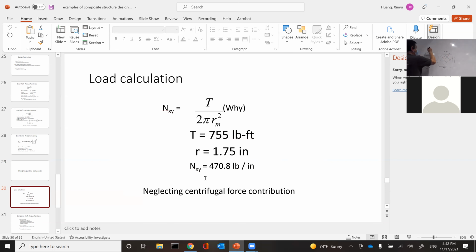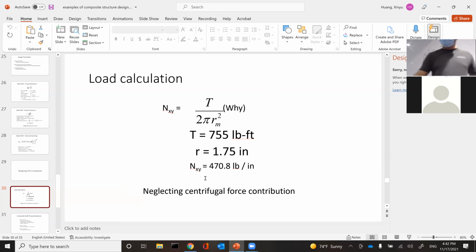This is related to the torque by this equation: NXY equals T over 2 pi Rm squared. Rm is the radius to the center of the wall thickness. Let's say this is the wall thickness; Rm is the radius to the center point of the wall. So you can estimate the shear force you need to apply to this composite plate.